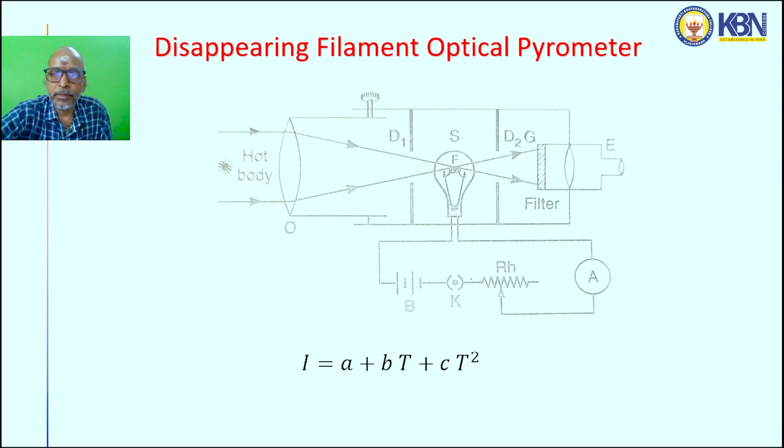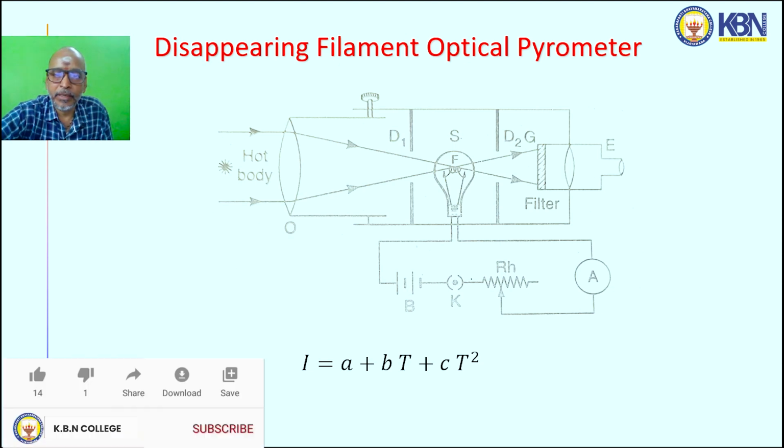In the telescope, the crosswires are replaced by a filament, and the distance between the objective lens and the eyepiece is adjusted by a rack and pinion arrangement.